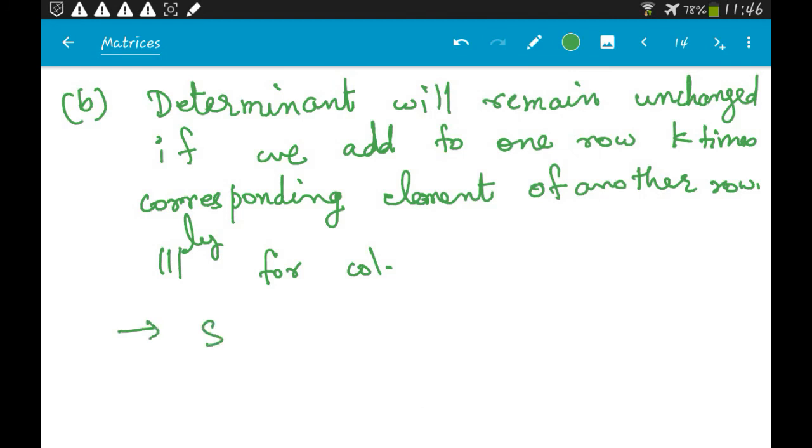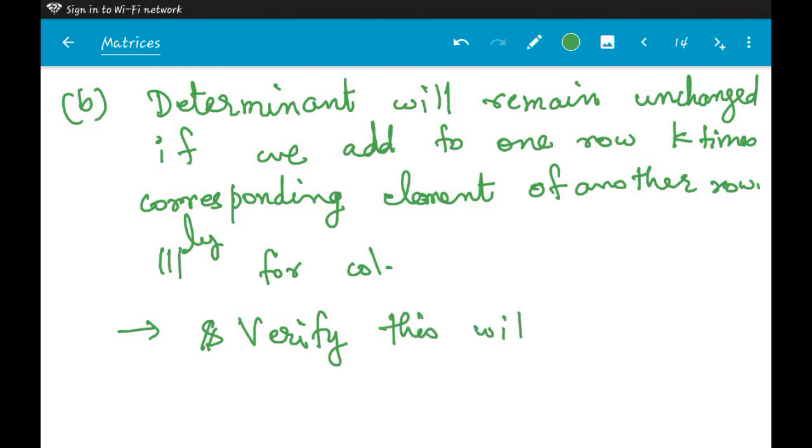So verify this with an example. Okay, so this I want you to verify with an example. Alright.